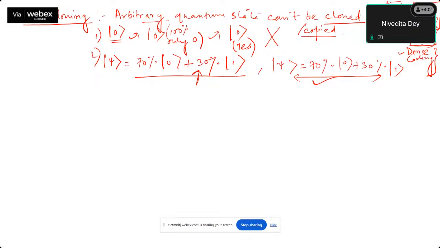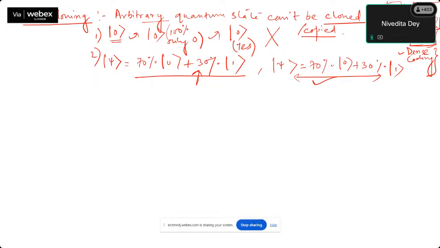So what do I mean by this? The no cloning theorem is: say I am Alice and I have prepared something like 70% 0, 30% 1. Bob knows about it, that Alice is going to send him 70% 0 and 30% 1. But say there is some third party, Eve, the eavesdropper, who has that arbitrary state, but she cannot really clone or exactly recreate this quantum state again because of these probabilistic amplitudes.